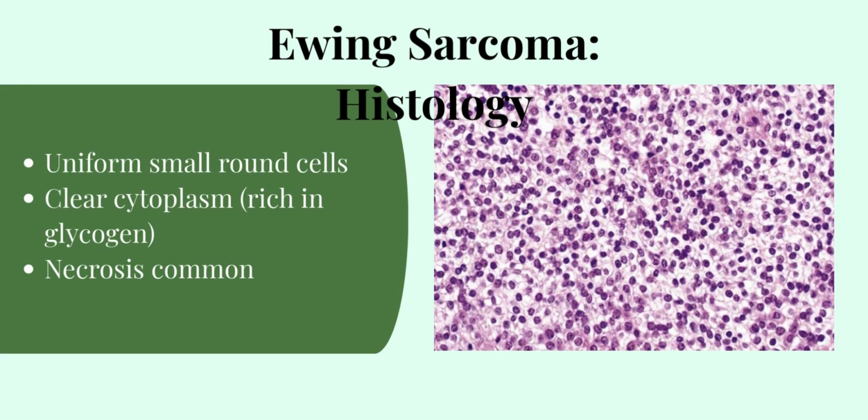Histologically, Ewing sarcoma is composed of uniform round cells with clear to pale cytoplasm due to the presence of abundant glycogen. Necrosis is also common. The cells are arranged in sheets and nuclei show finely dispersed chromatin.